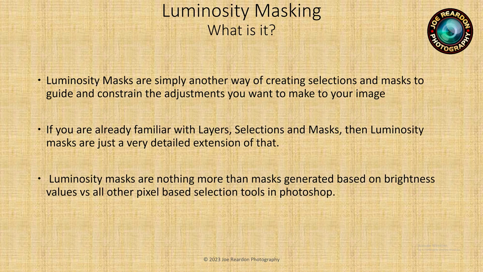So if you're already familiar with masks, they're just another way. Masks typically are black or white, and then they'll have portions of it in hard black and with a little bit of a soft edge or a little bit of a hard edge. This is very different in that they're made from the actual image itself, so more shades of gray than anything else.